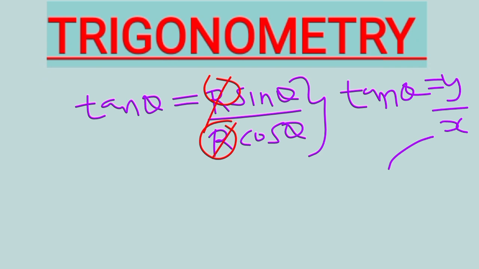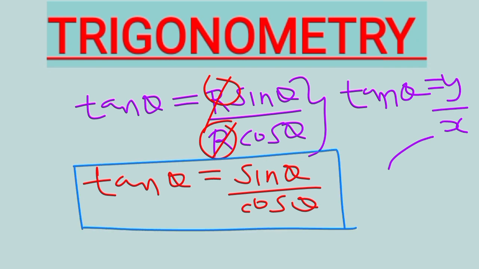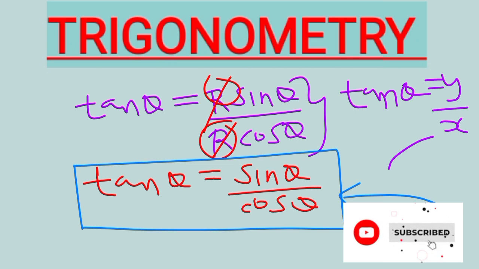So tan theta will now be equal to sin theta over cos theta. This is our first identity of tan. That is a must know. You have to know that tan theta is equal to sin theta over cos theta.